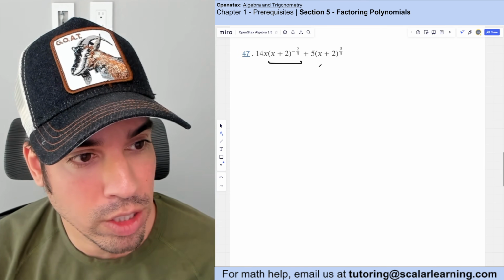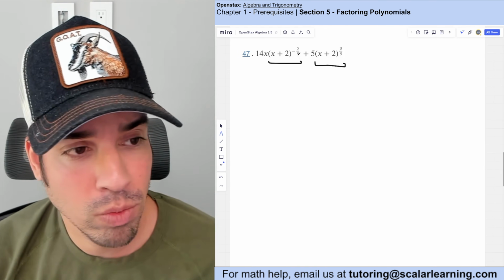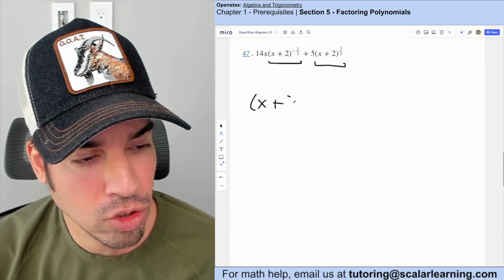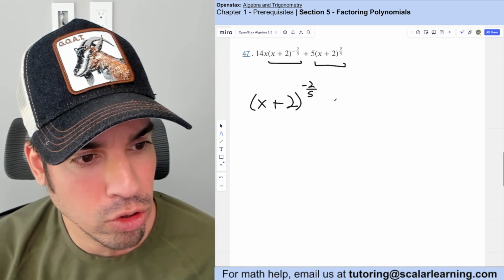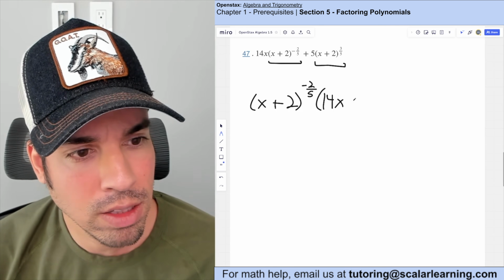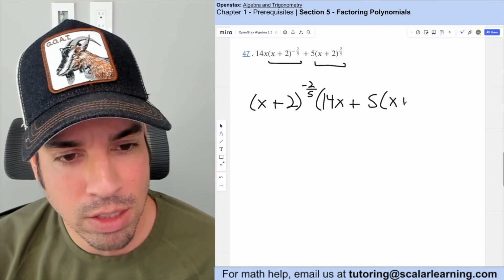Once again, we're going to follow that same protocol. We're going to look at these two expressions and say which one has a lower rational exponent. It's going to be that negative 2/5. So I'm going to factor out x plus 2 to the negative 2/5. And when I factor it out of the first term, just that 14x is left over. When I factor it out of this one, this is where it gets interesting. Think about it. So I'm still going to have 5 times x plus 2.